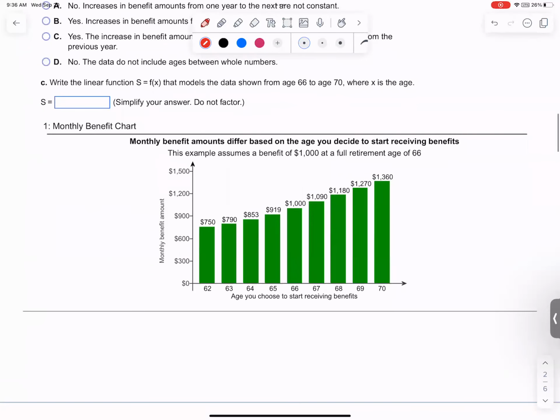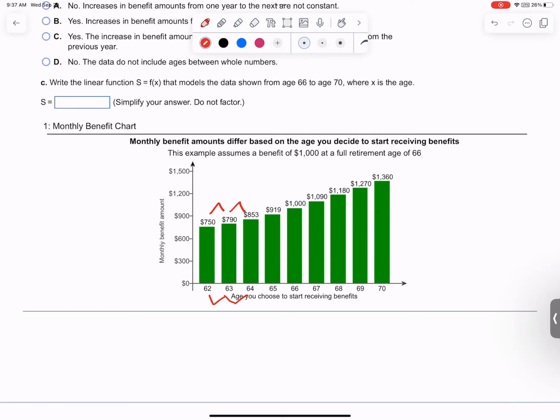Explain. To be able to be modeled exactly by a linear function, these differences, where we're going each time in an increment of 1 in the age, the amount paid must be exactly the same.